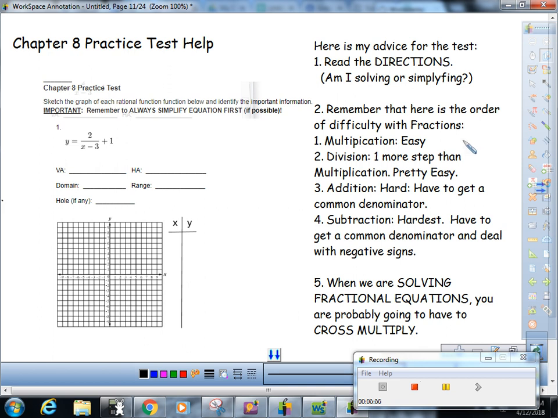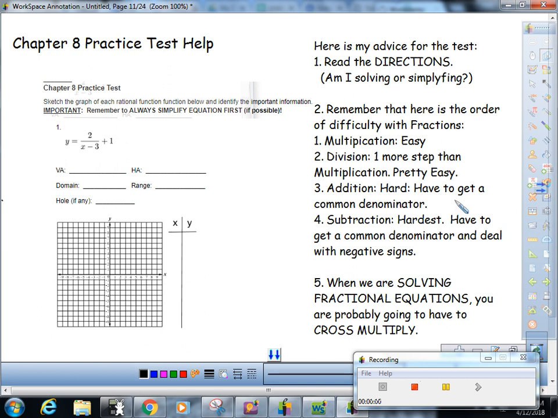Remember that here is the order of the difficulty. Multiplication is easy. You just multiply the top, multiply the bottom. Division is pretty easy too. First, you got to turn your division into multiplying by putting your thing down, flip it, and reverse it, or by multiplying by the reciprocal. But then once you do that, it's just the exact same as multiplication. Addition is hard because you've got to get common denominators.